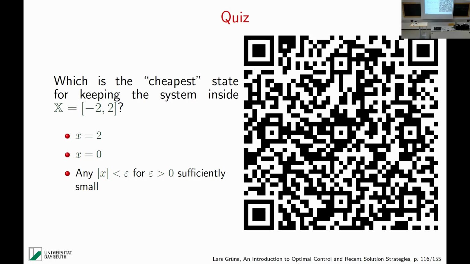I have three options. Sorry, is the question correct, which is the cheapest state? I'm asking you, yeah, the cheapest state. The control has to do something, right? And the question is, what is the cheapest place? If you start at, say, x equal to 2.